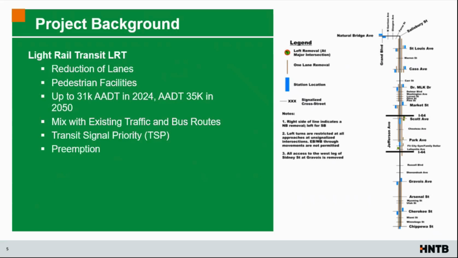We don't believe we're going to get authorization to do it at all of them, especially at the freeway ramps, because there is such a concern about backing onto the freeway. But we're pushing to get TSP at most of the intersections, and then preemption is how we're handling that roundabout, which we'll talk about later.